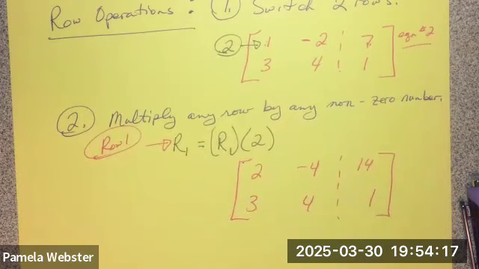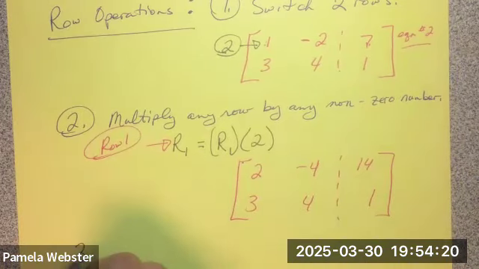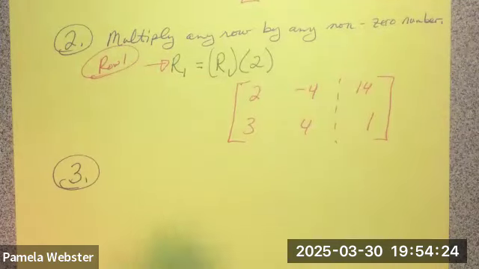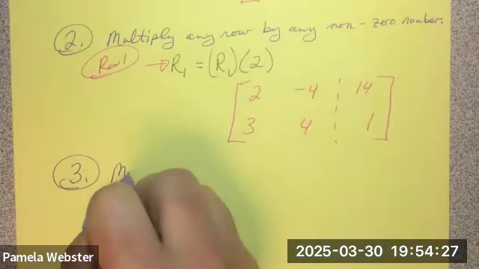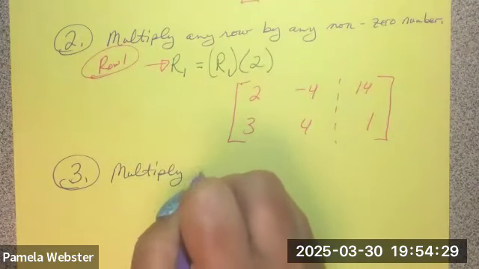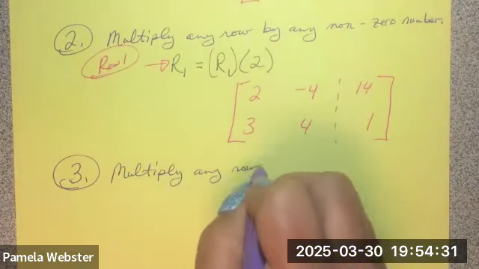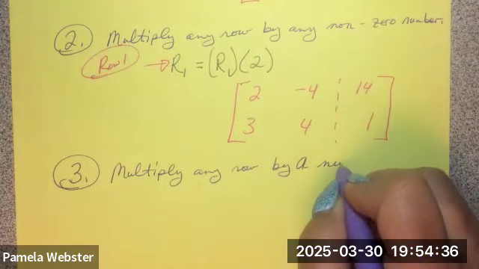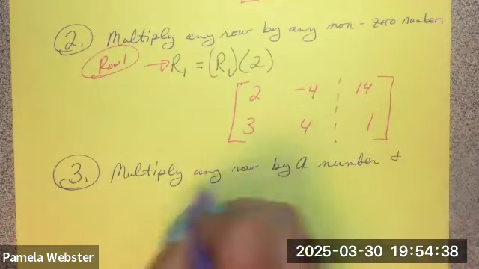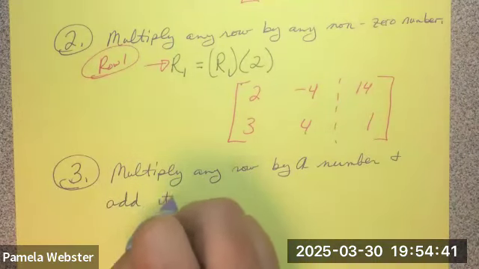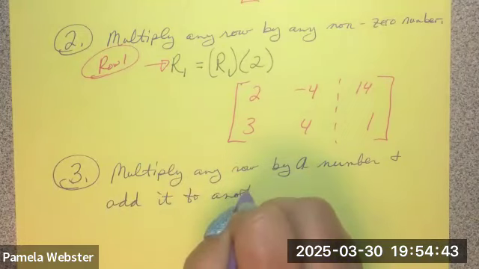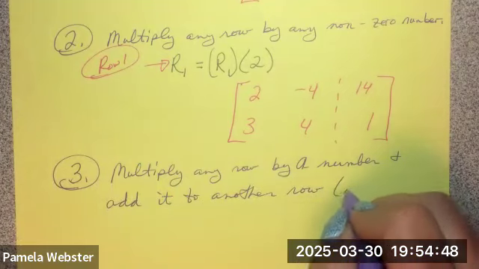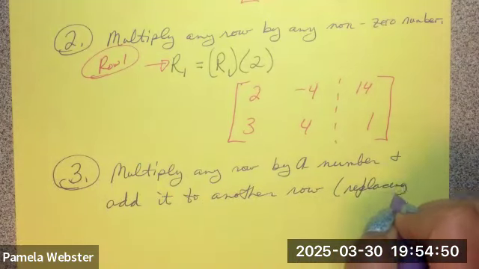So the third possible row operation is I can multiply any row by a number and add it to another row, replacing that row.